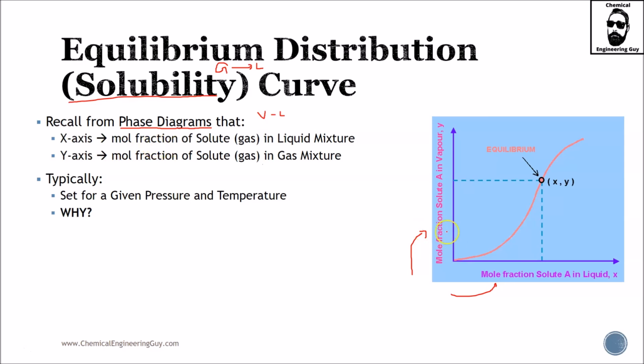The x-axis is the mole fraction of the solute, which is the gas. Let it be A, in liquid, so solute A in the liquid, let it be liquid water.